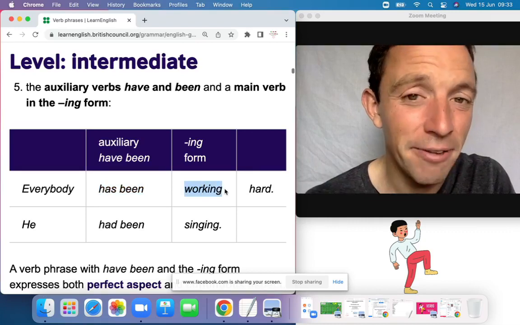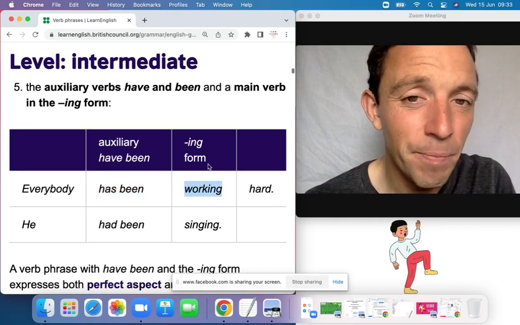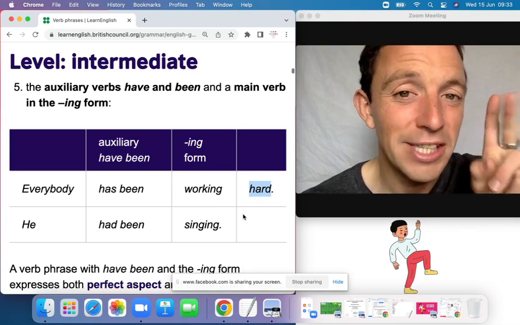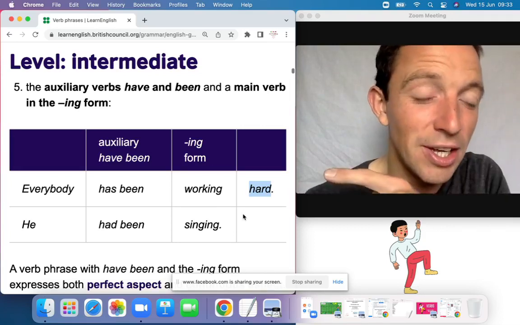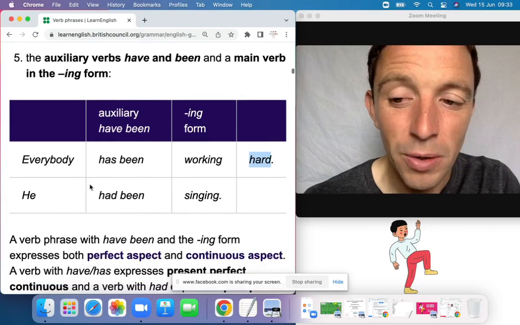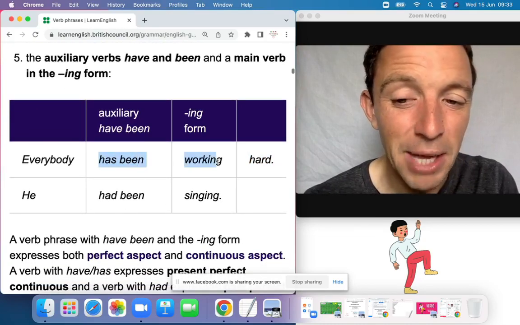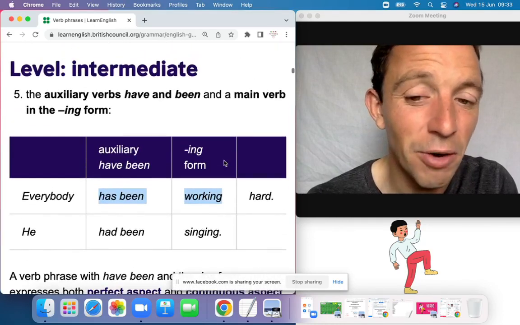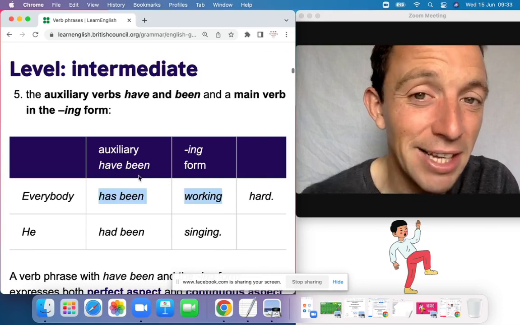Working is the main verb in the ing form. And hard is considered an adjective, but also an adverb, and in this situation, I think it's the adverb. Technically, I think this is the present perfect continuous, very advanced.